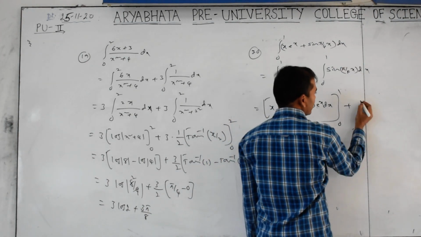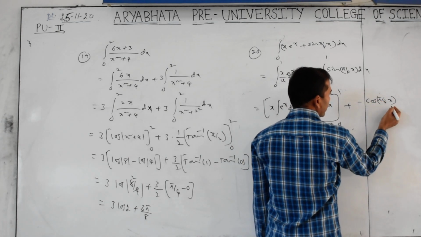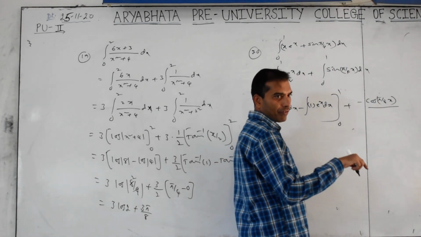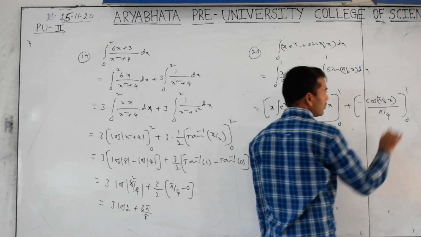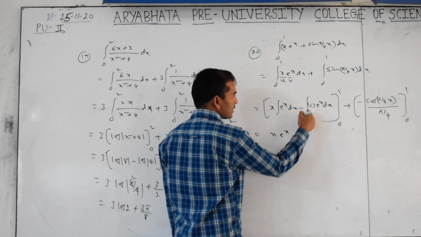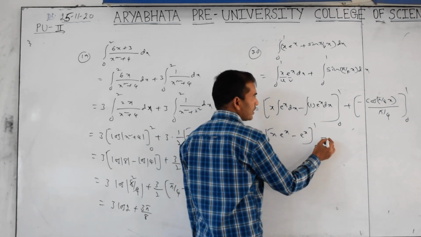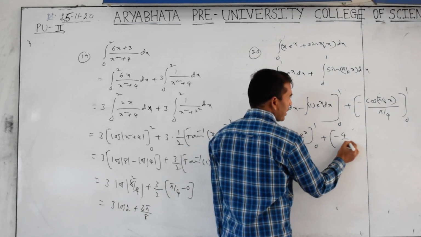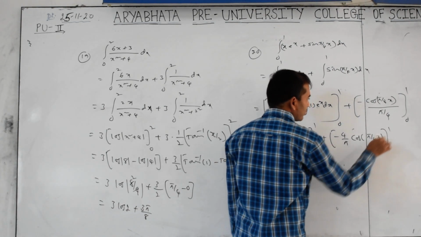Sin x integration is minus cos pi by 4 x by pi by 4, differentiation of pi by 4 x is pi by 4, that comes in the denominator, limits 0 to 1. So x e power x minus e power x, limits 0 to 1, minus 4 by pi into cos of pi by 4 x, 0 to 1.